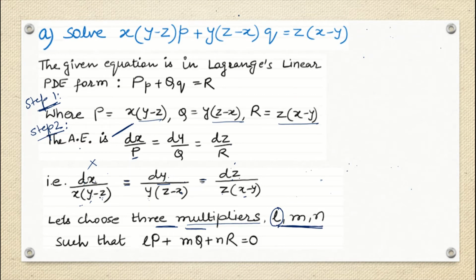But I can see z is present, and if z is present we could cancel that z, but this is also not possible, so this grouping will not work. Otherwise you won't be able to integrate it. Why? Because my step number 3 is integration, and the goal of step number 2, whichever method you follow, is what?